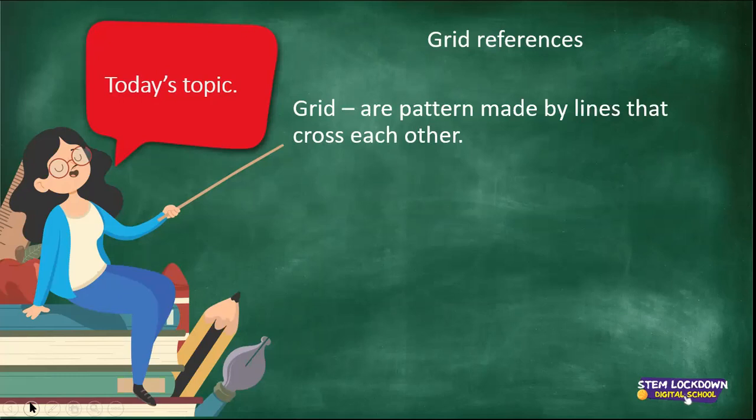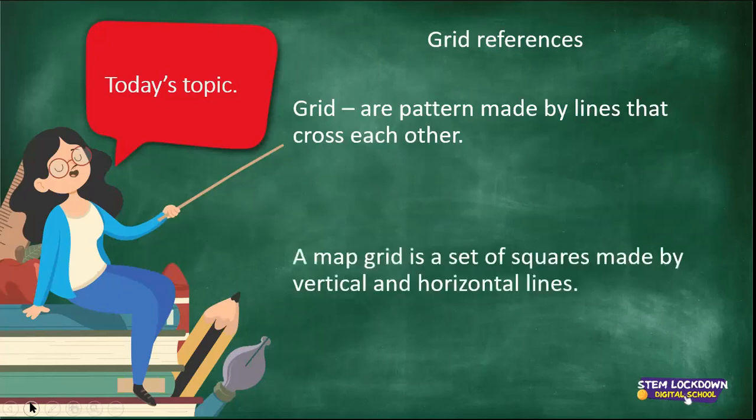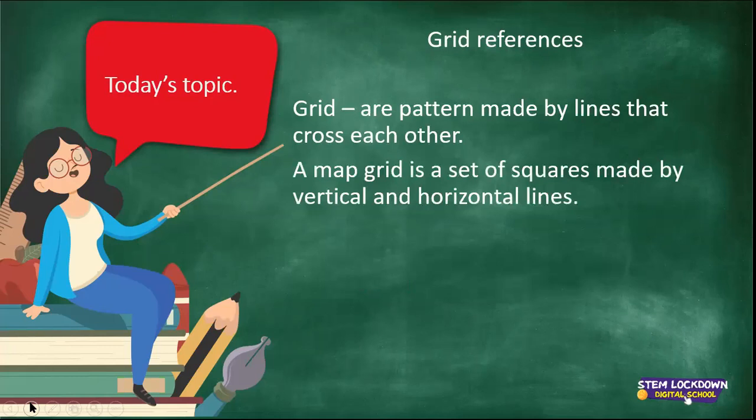A map grid is a set of squares made by vertical and horizontal lines.